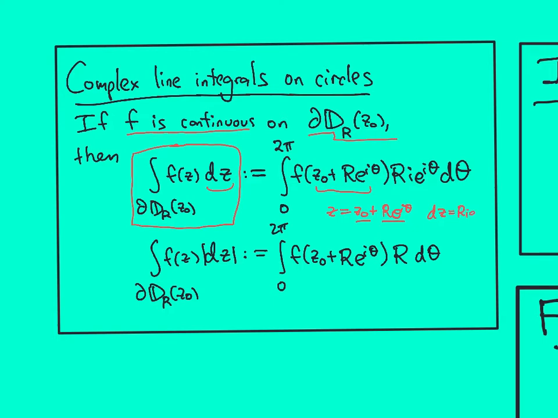So we have r i e to the i theta d theta, and that's how we get our definition of the complex line integral. So we have theta going from 0 to 2 pi, so we go around the whole circle.